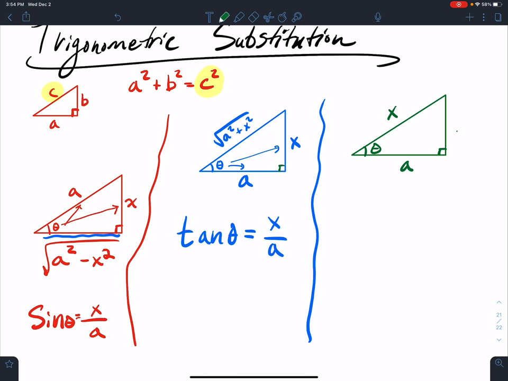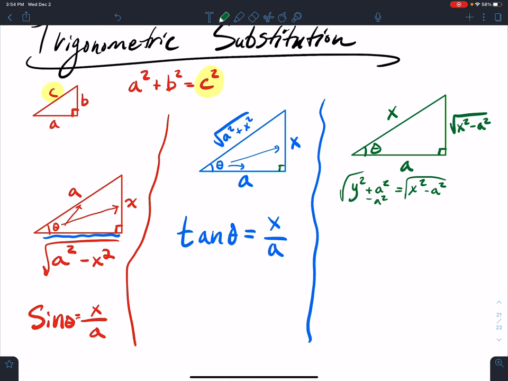Well, this would be the scenario where we have some y there. So y squared plus a squared equals x squared. Subtract a squared from both sides. Once I take the square root, I'm going to get the square root of x squared minus a squared.